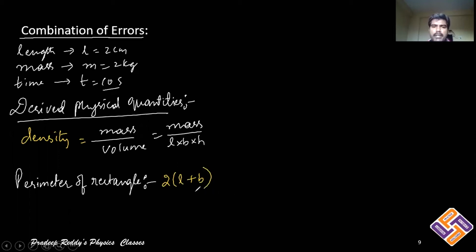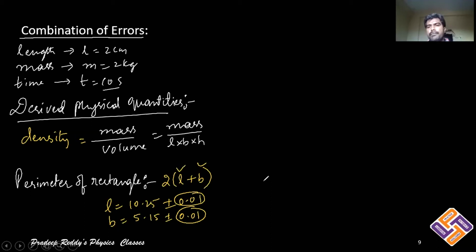When you measure length L, you will get some value 10.25 plus or minus 0.01. When you measure breadth, you will get another value 5.15 plus or minus 0.01. Both length and breadth have error. You are now finding the perimeter, which is the combination of length and breadth.